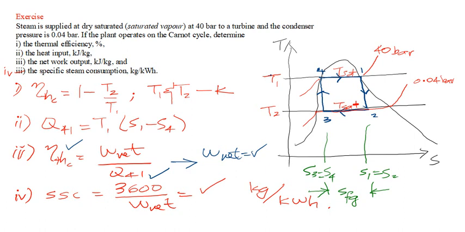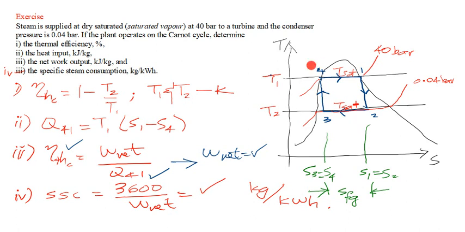If given the high pressure, which is the boiler pressure, and given the low pressure, which represents the condenser pressure, and the problem involves a Carnot cycle, we always sketch the Carnot cycle on the TS diagram as I have sketched here.